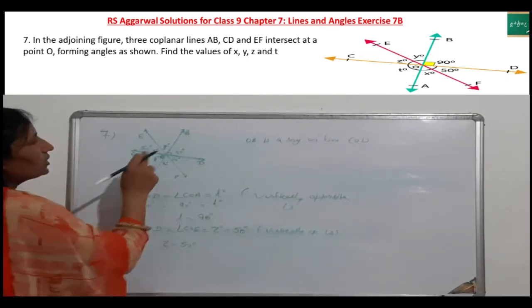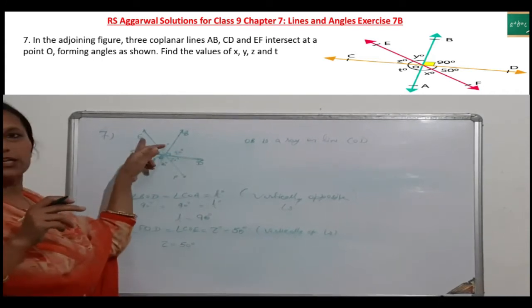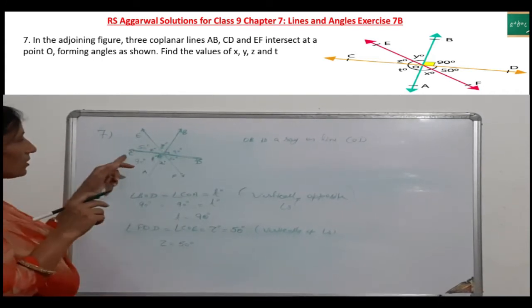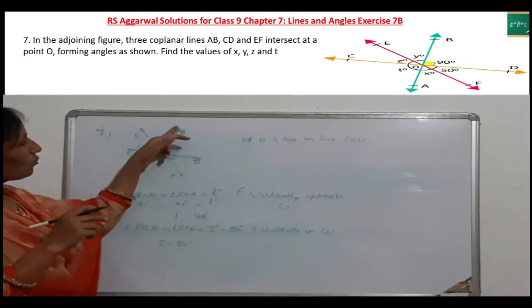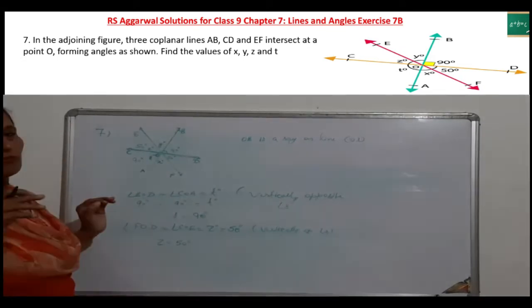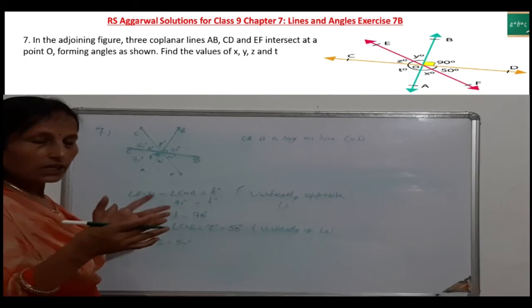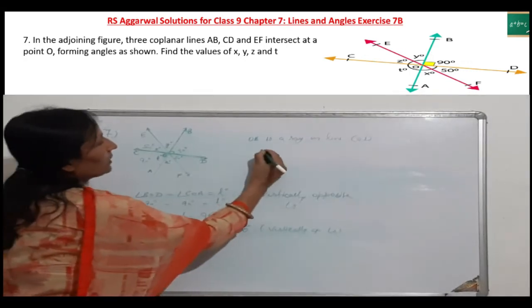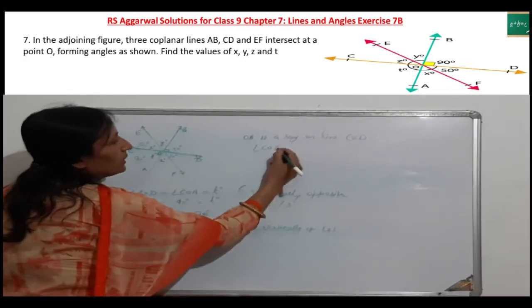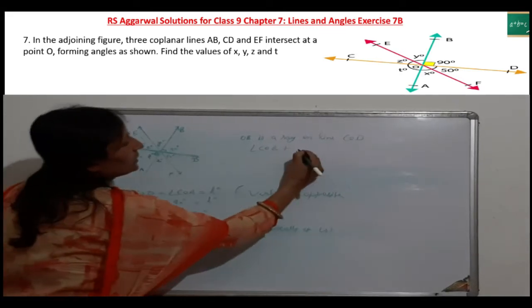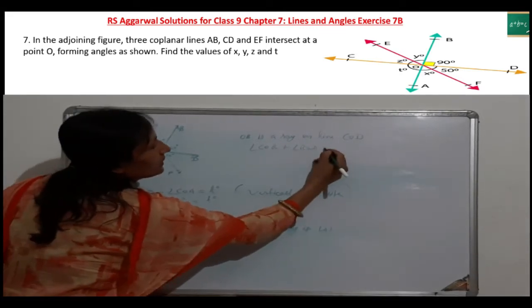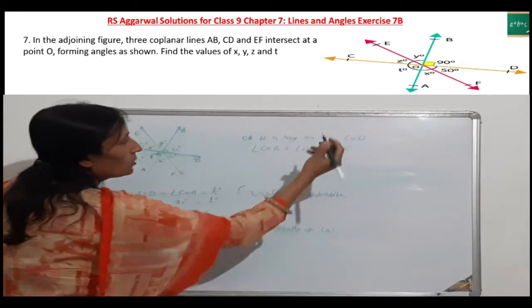Here these two angles are a linear pair. We can write angle COB plus angle BOD is equal to 180 degrees because it is a linear pair.